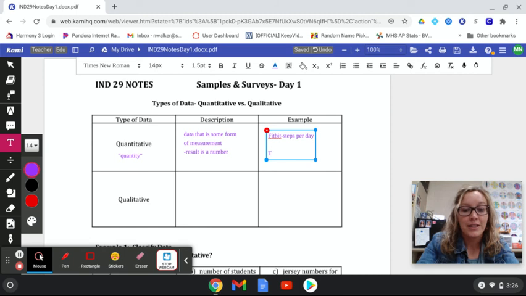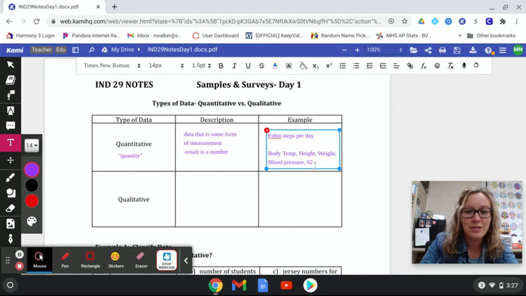They get your body temperature, they get your height, they get your weight, they get your blood pressure. And what else do they take at the doctor? Oxygen levels. And you'll see O2 levels. And your O2 is a little subscript. I can do it here.